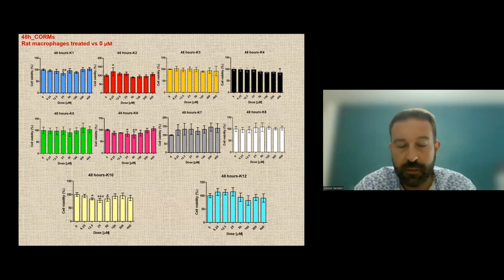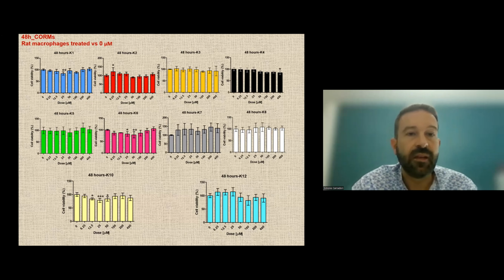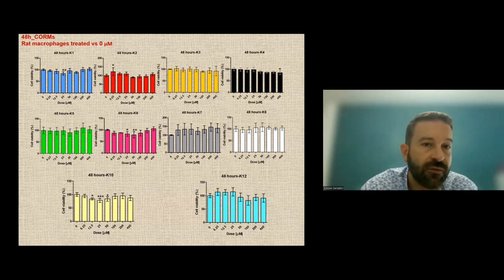As you can see from these colored graphs, we cannot observe any decrease which is statistically significant with respect to the control. So the compounds are biocompatible and safe to be used in this cell line.